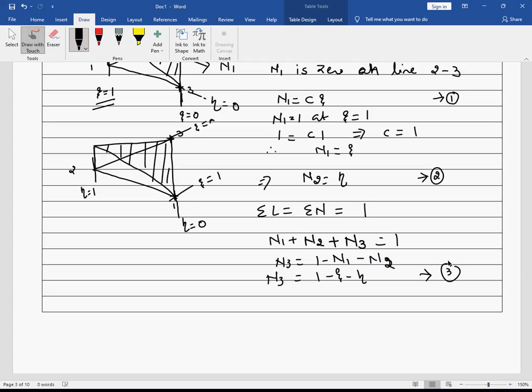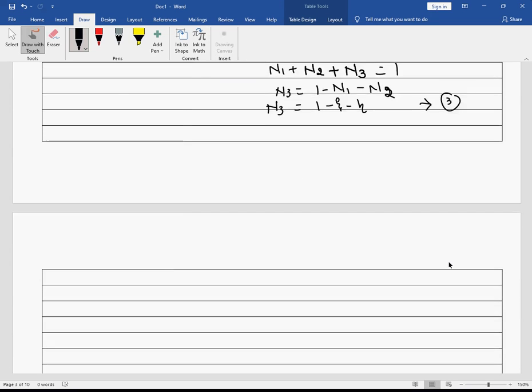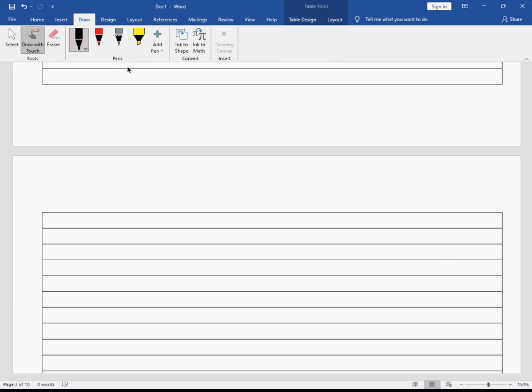Okay, fine. Now we are going to use the isoparametric formulation. So this is my element.